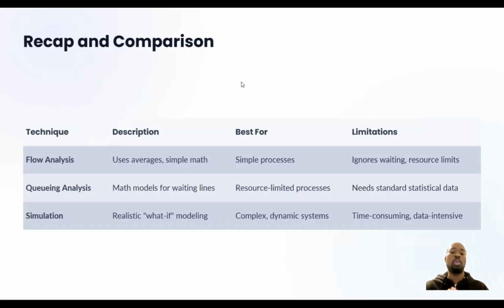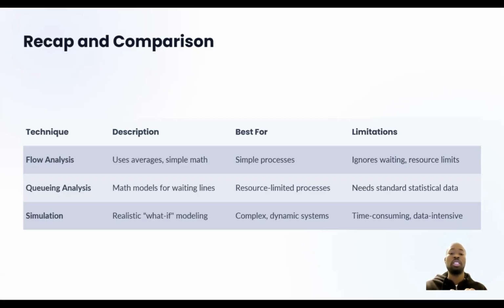So here's a quick recap of all the quantitative process analysis methods that were discussed in the chapter. It started off with flow analysis, which uses averages and probability to estimate time and cost, and it's best for simple processes. Its limitations are resource limits and that it ignores waiting and queuing. The next method was queuing analysis, which uses math to model waiting lines and is best for processes with limited resources.